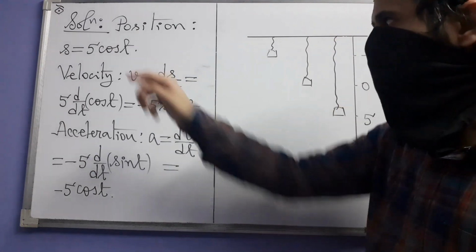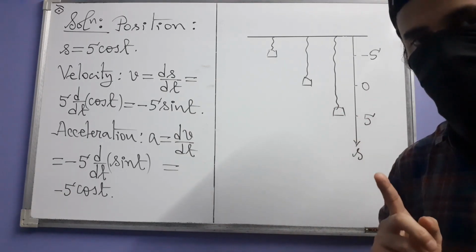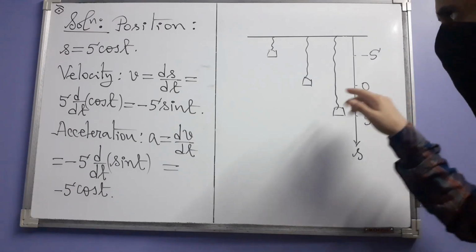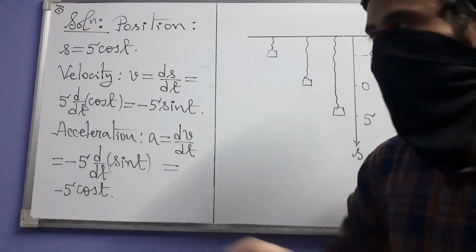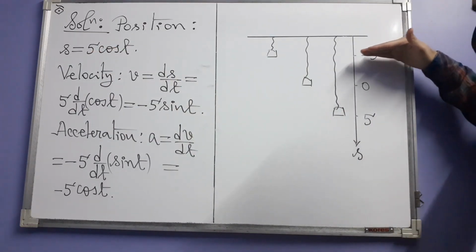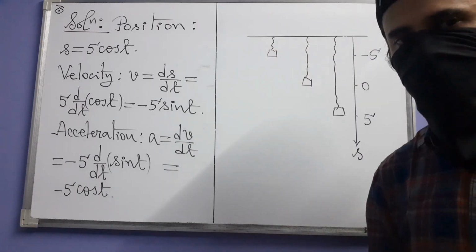What happens if you take higher values of t, say t equal to pi? So we put t equal to 0 and then we put t equal to pi over 2. Now if we put t equal to pi, cos pi is minus 1. So s becomes minus 5. So when t is pi, this is the position assumed by the body.